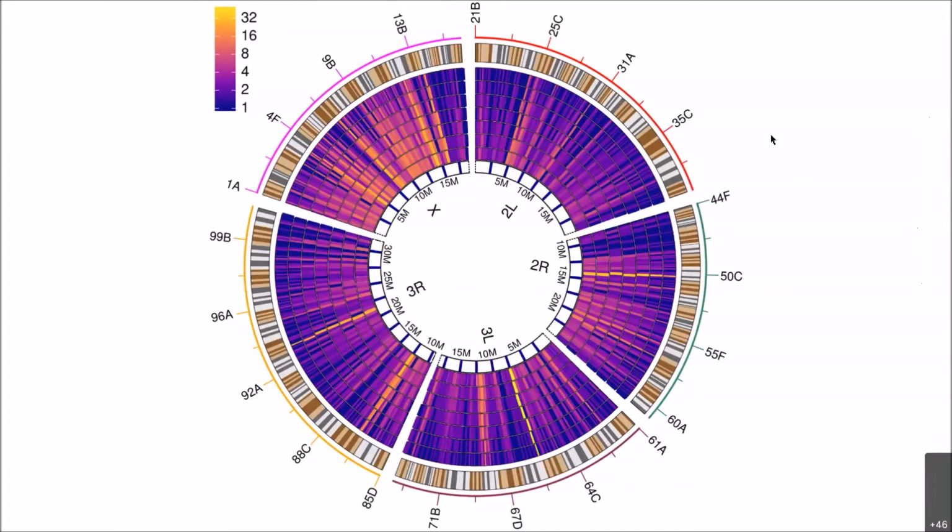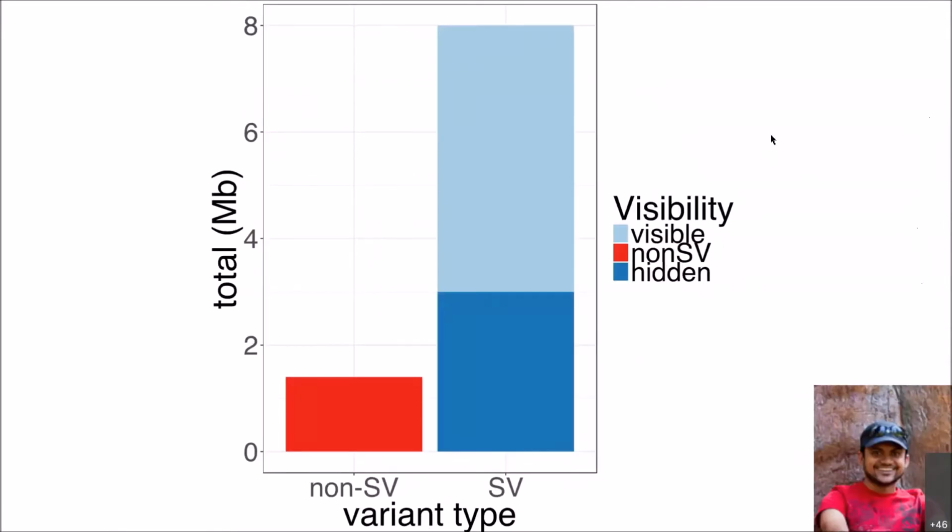Now we can see a summary of what we just described. The red bar on the left is non-structural variation, so these are SNPs, small indels, and such, and that affects upwards of 2 megabases in the region of the euchromatin we assayed. On the other hand, the dark blue bar immediately next to that red bar is the amount of genetic variation due to structural variation that we could not see from Illumina-based methods.